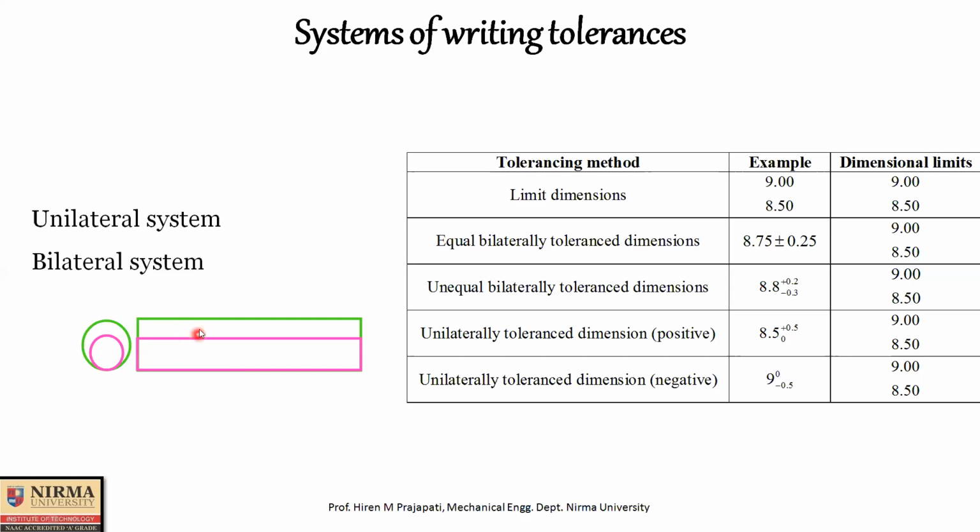Tolerance is the acceptable range. This zone, this yellow color zone, is nothing but the tolerance zone. If the dimension is within this yellow zone, then it would be accepted.